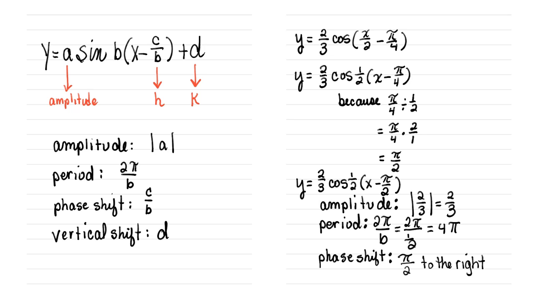And so we end up with the pi over 2 here after we divide out the 1/2. So our amplitude is 2 over 3. Our period is 4 pi. And our phase shift is pi over 2 to the right. And if we had something being added or subtracted to it, we would either go up or down.